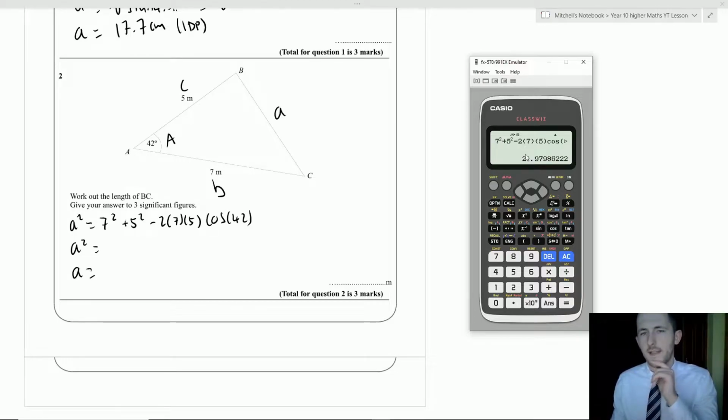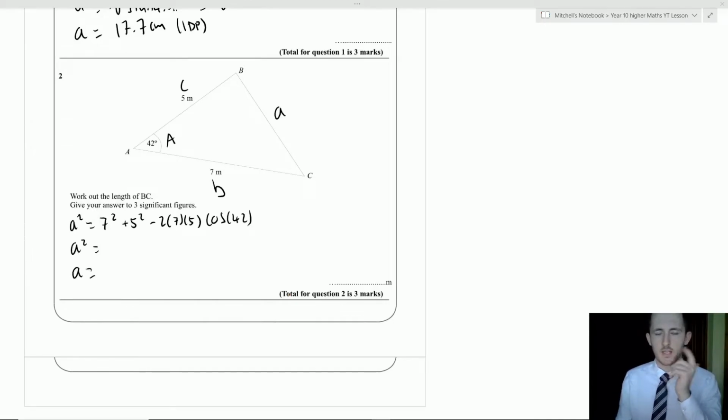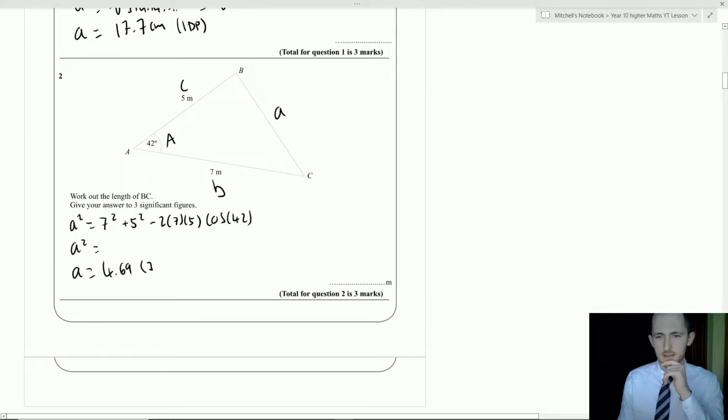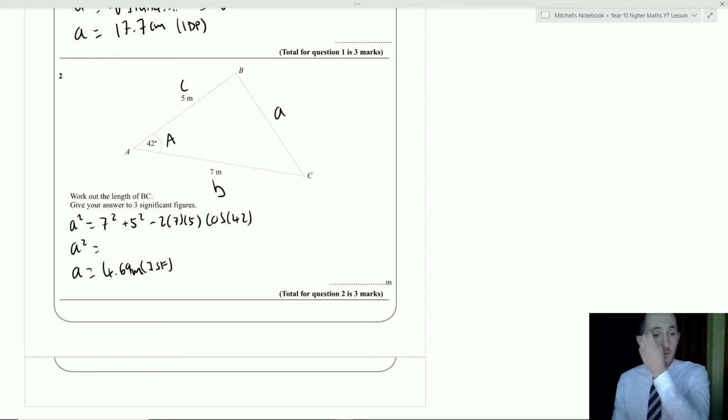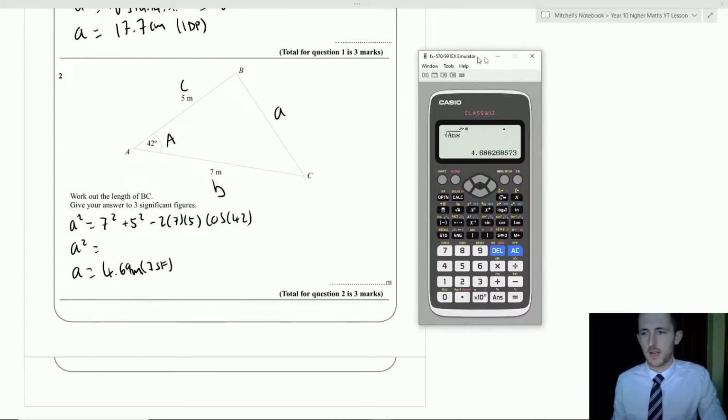And I wouldn't write that down. I'll just do square root answer equals. Done. And it says to give it to 3 significant figures. So that's 4.69, and that's to 3SF, and that's in meters.